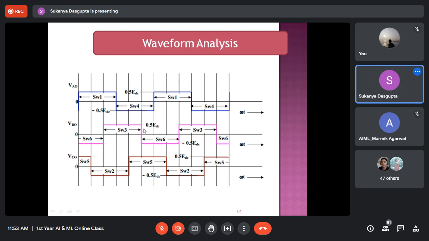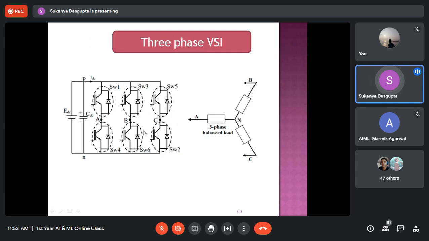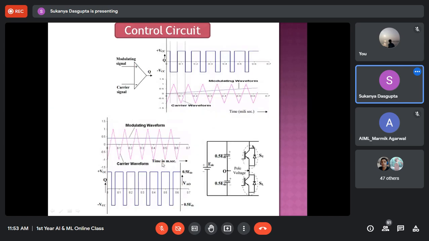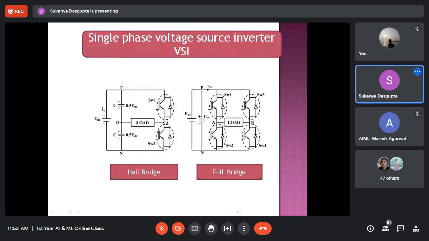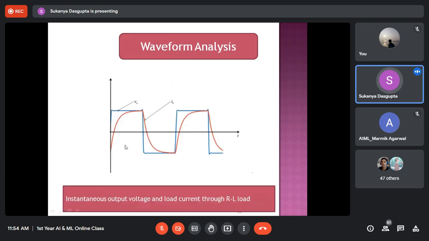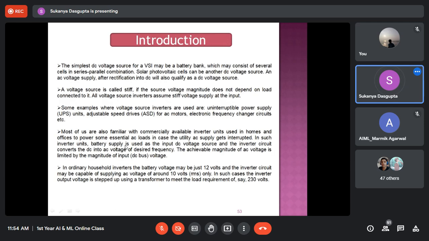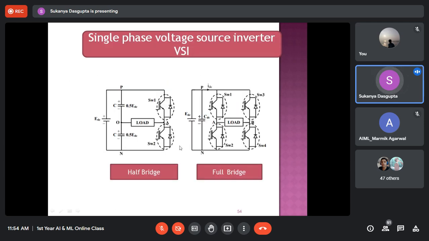Right? And here basically we are joining three single-phase half-bridge configurations. Look at the circuit diagram of the half-bridge single-phase inverter. Here only two switches are working, connected across a DC source. If you connect two more legs, you will get the three-phase inverter circuit.